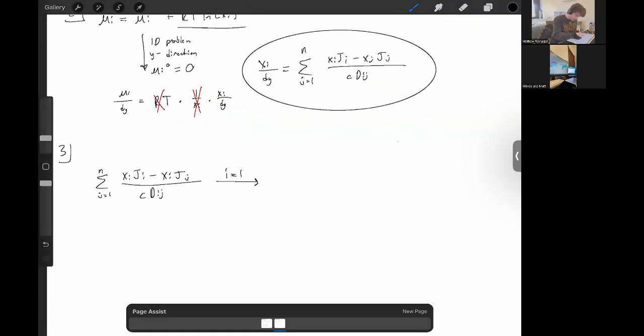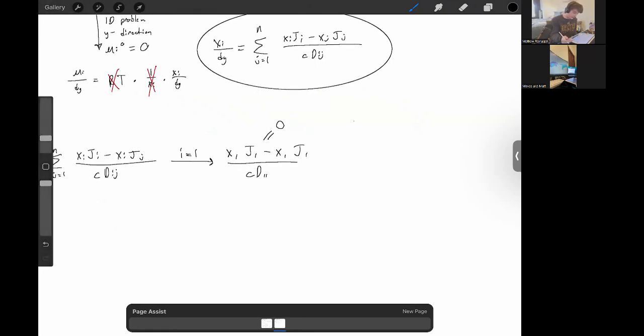So when I first do this, we get x of 1, j of 1, minus x of 1, j of 1 for a concentration diffusivity of 1, 1. This seems stupid, right? Because we just got 0 out of this, so that doesn't really do us anything.